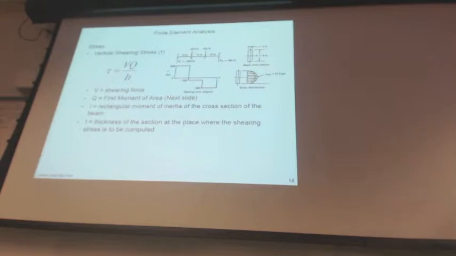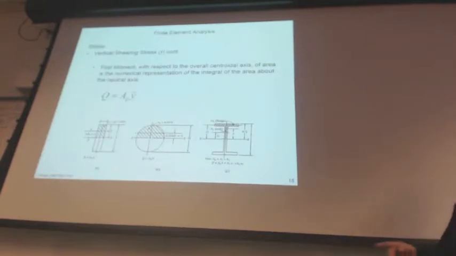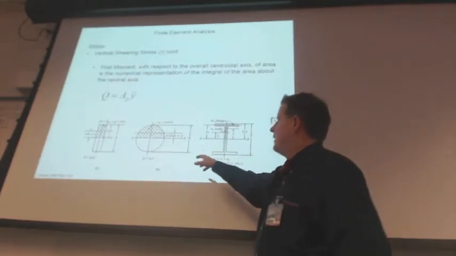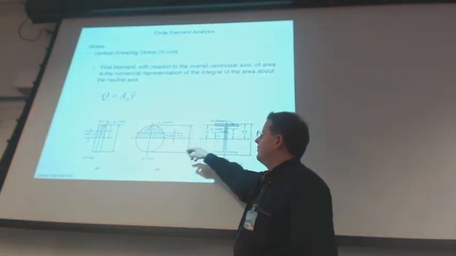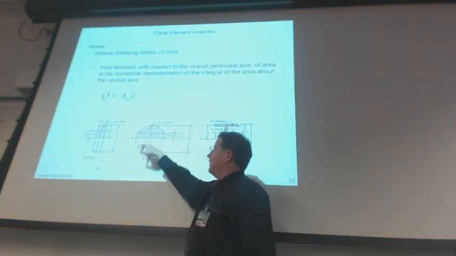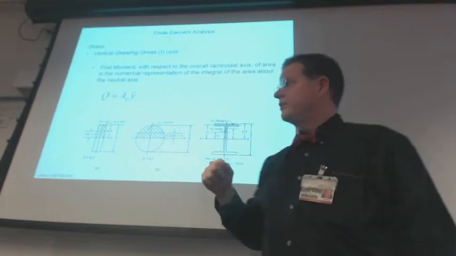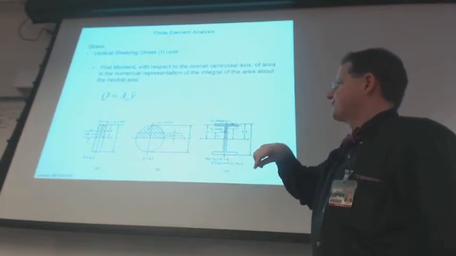And the way we calculate the Q is with our area and y bar from our neutral axis to the centroid of the Q area.